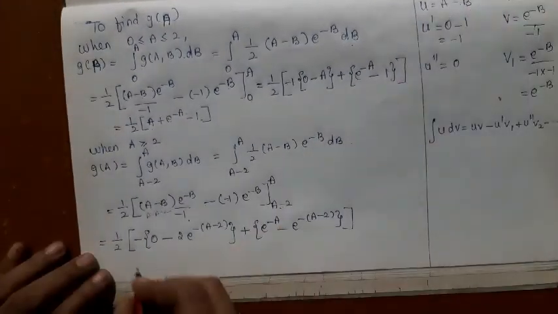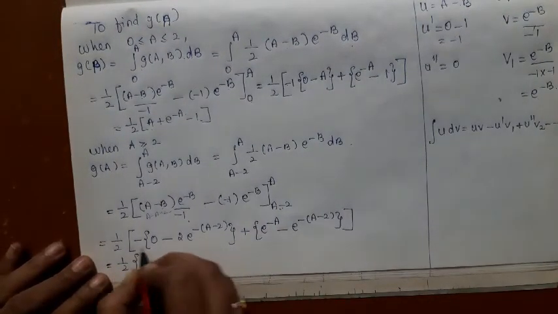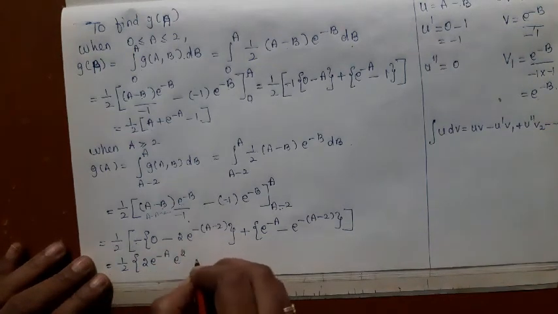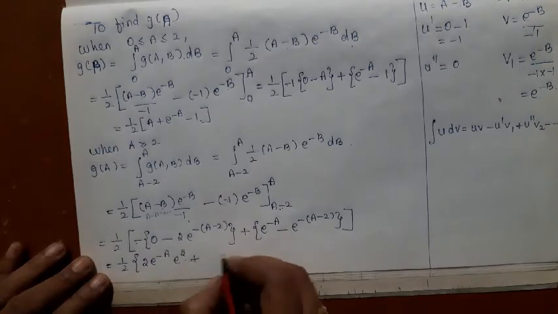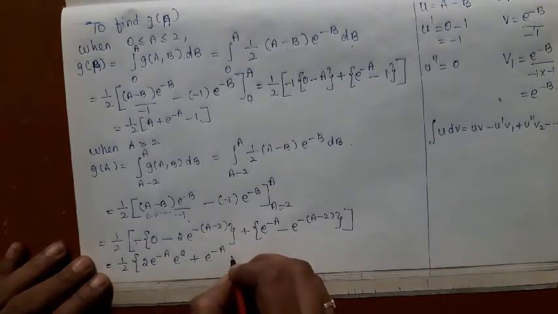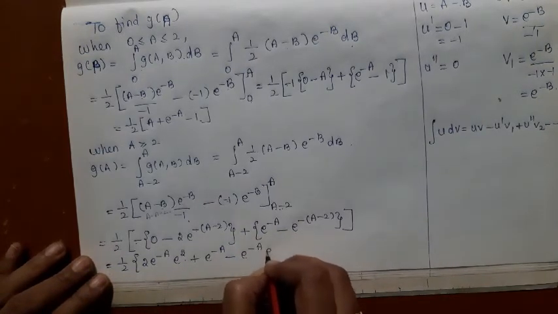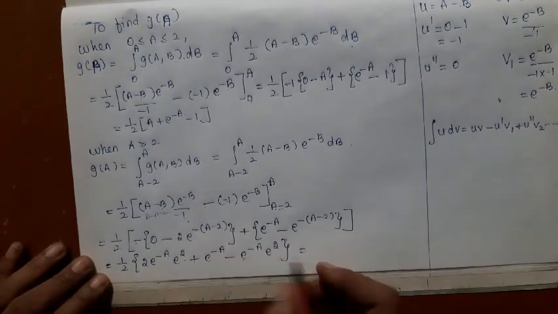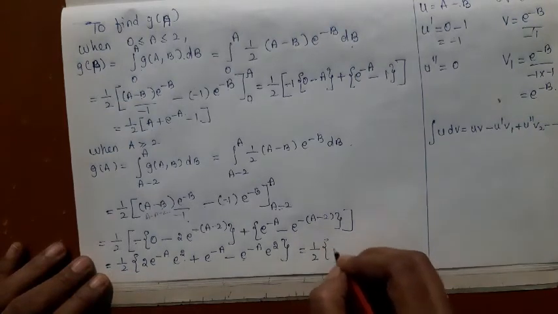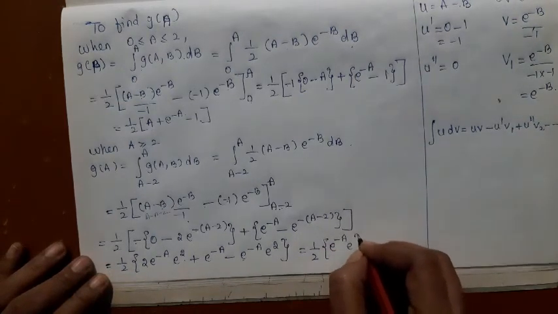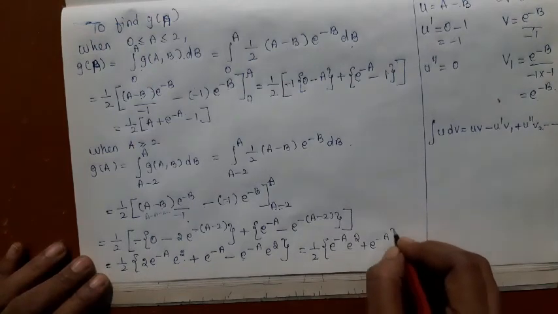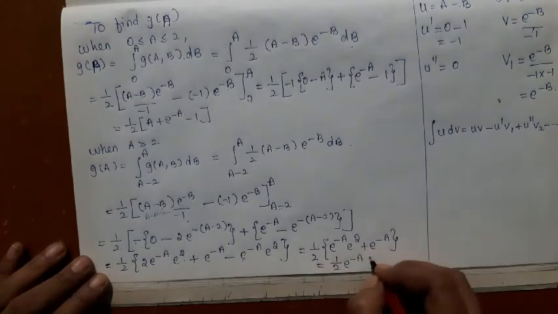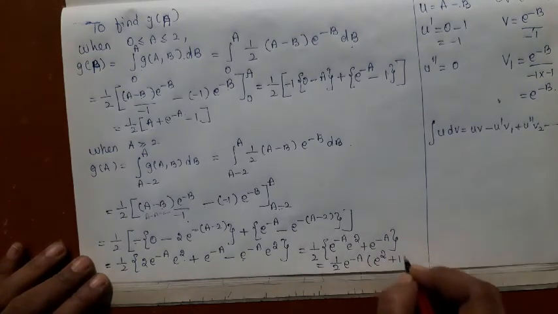Right? So you have 1 by 2, minus into minus is plus, 2 e power minus a minus e power minus a e power plus 2. See, this is 2 times and this is 1 time. So I can write it as 1 times of this plus e power minus a. Here again e power minus a can be taken out as the common term. So you have e square plus 1.